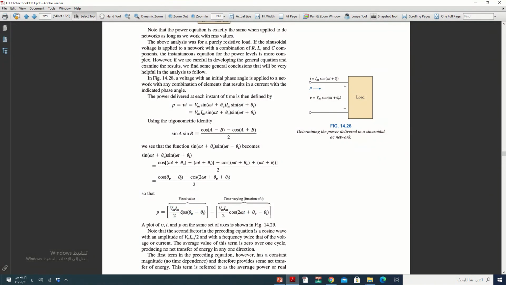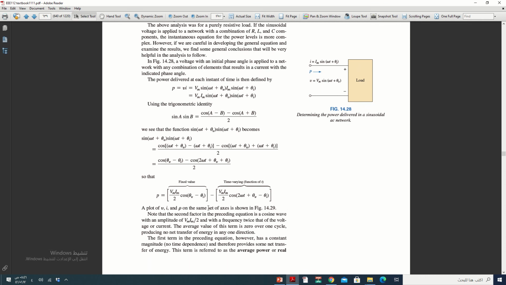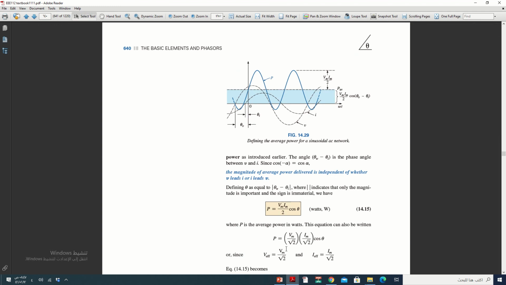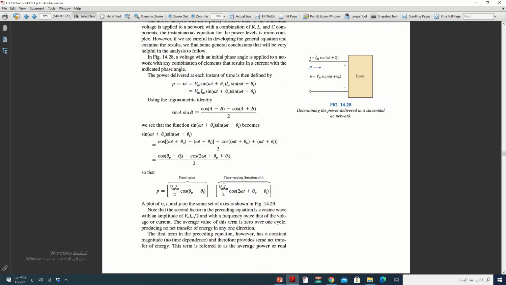If you substitute the numbers, you will get the number. This fixed term is referred to as the average power, or real power. The second term is at twice the frequency, so mathematically, if you apply any number you will get zero, always.